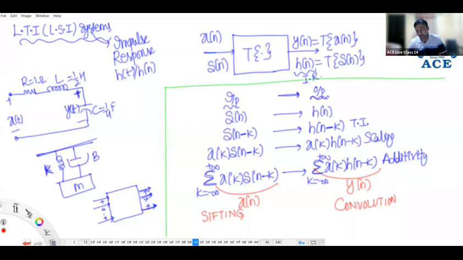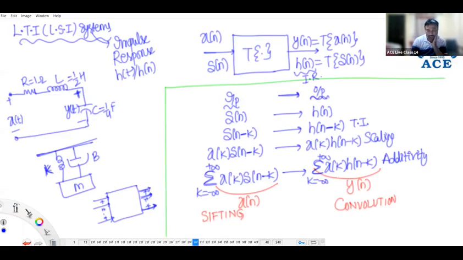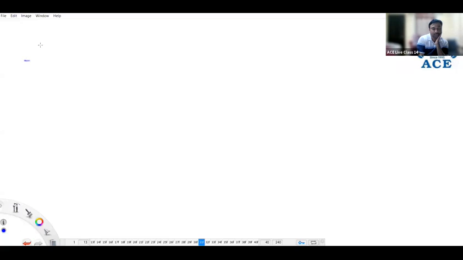Actually, what this mathematical formula says is that the shifting property states you can write any signal as a sum of impulses. How is it correct? Let me explain. Suppose I have taken a particular signal like this.